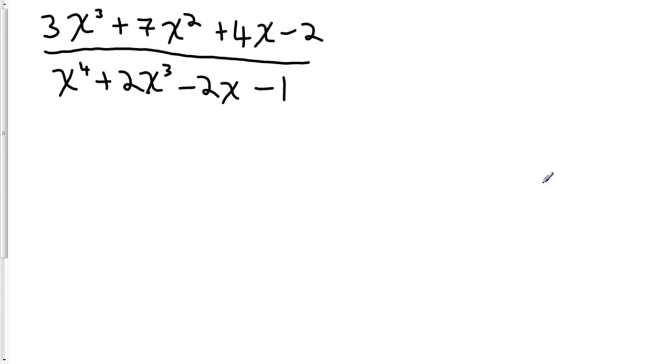To factor the denominator of this particular rational expression, the first thing I would probably try is to factor it by grouping, but because there are four terms, it turns out in this case that grouping won't work. So the only thing we have to resort to are the factor theorem and the remainder theorem from college algebra.